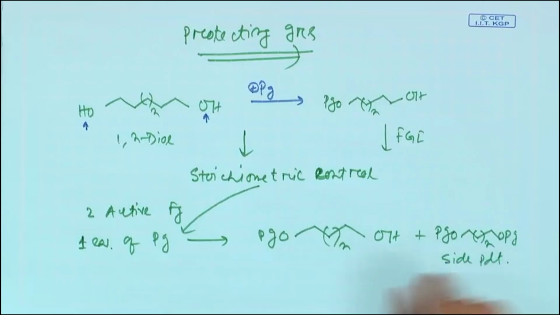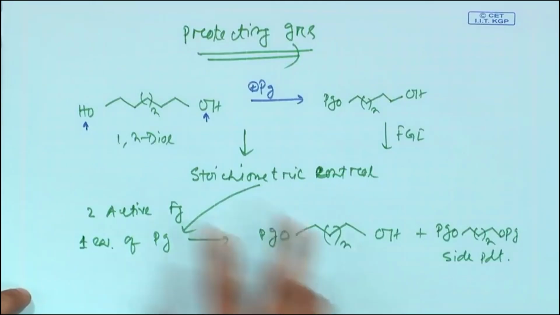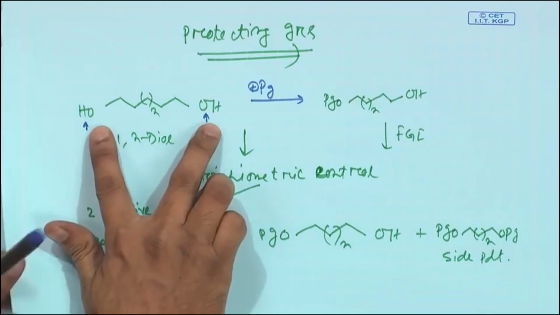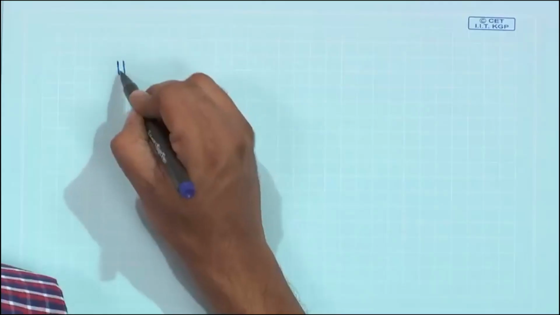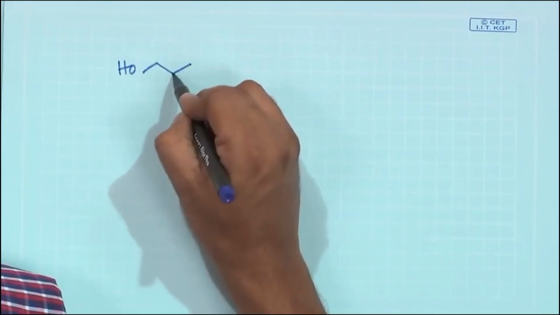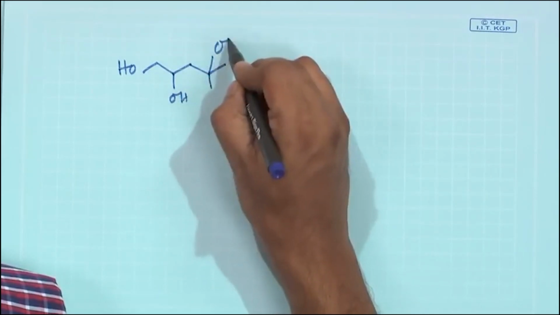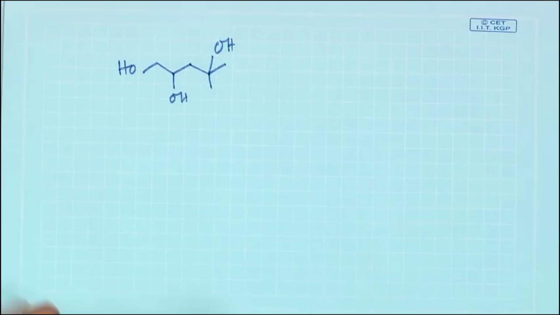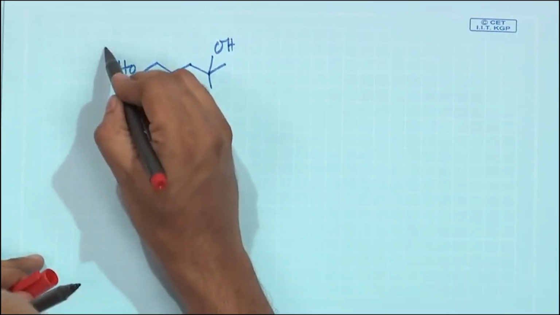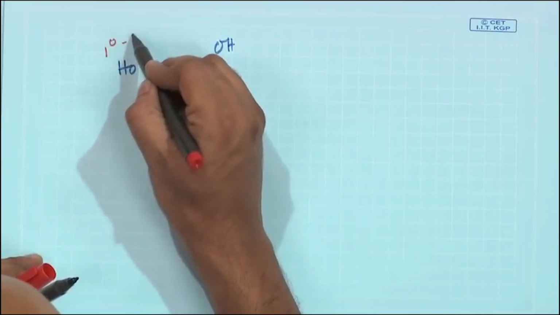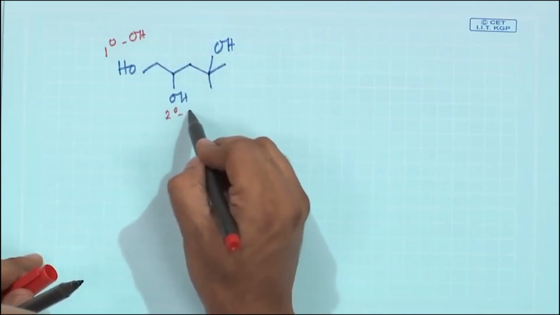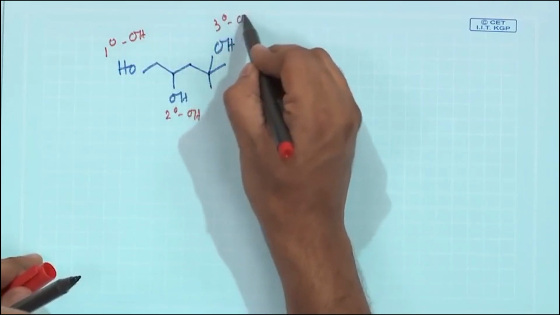But nevertheless this kind of reaction is very useful, and if both the functional groups have equal chemical reactivity, like in this case where both are primary alcohols, things will be simplified if you have a compound like this. Let us say this compound has 3 active functional groups: a 1 degree OH, a 2 degree OH and a 3 degree OH.